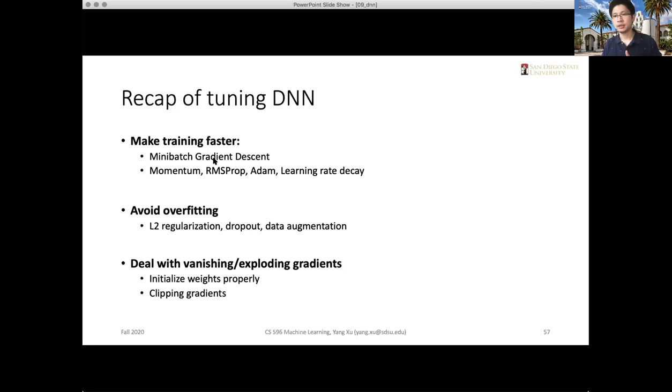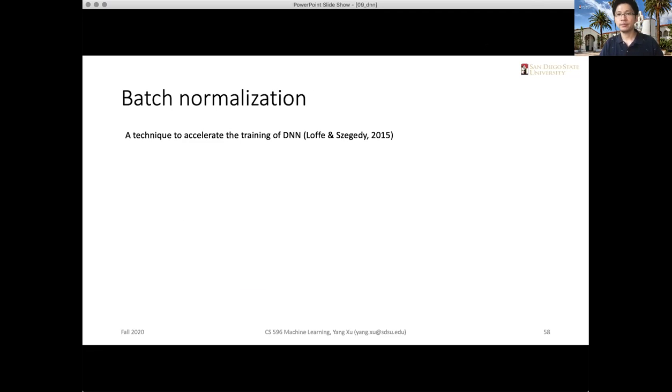Batch norm will make the training faster, will make the cost function converge faster. But we'll see that it also brings some effect of regularization. It also makes the network less likely to overfit.